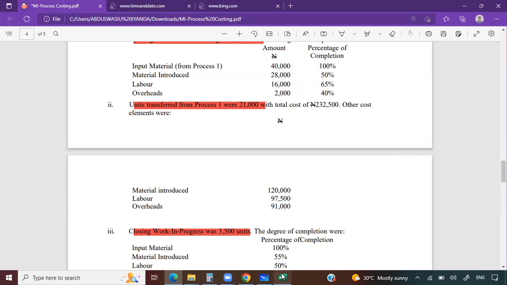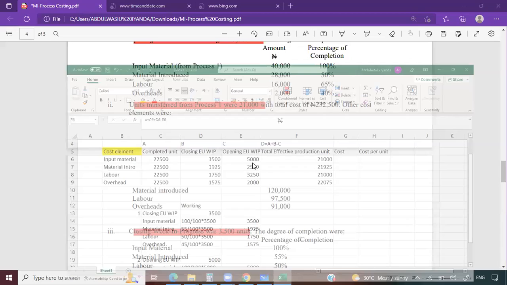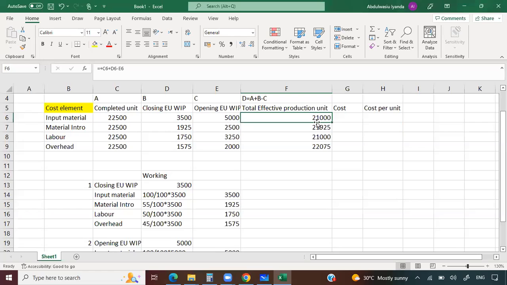Look at this 21,000. Look at this 21. This is a self-balancing account. The only thing that can cause a little deviation is when you approximate. Let's say unit transferred from process 1 were 21. Is it not this 21?